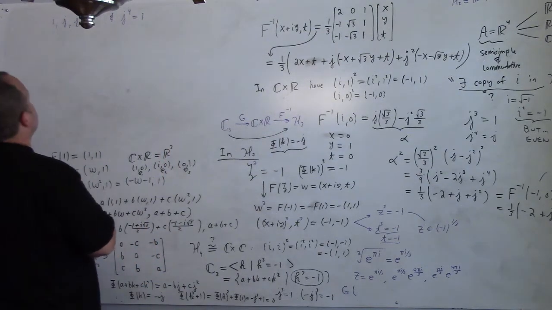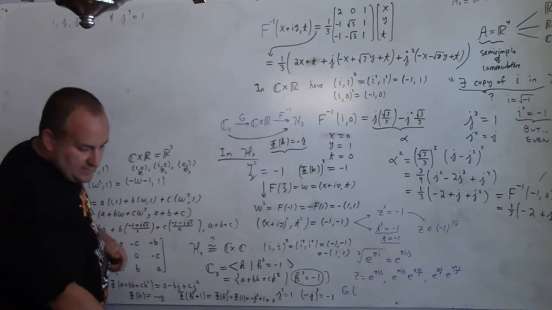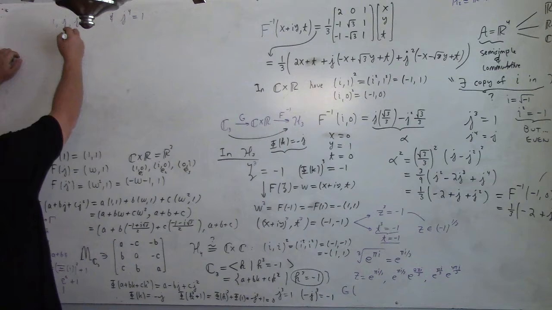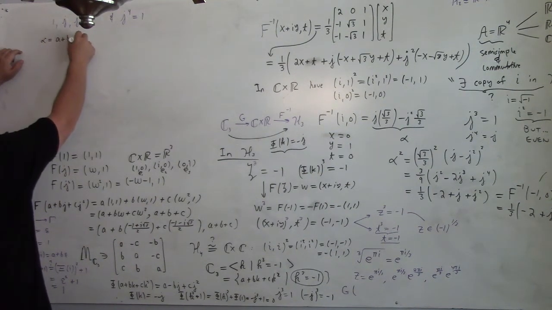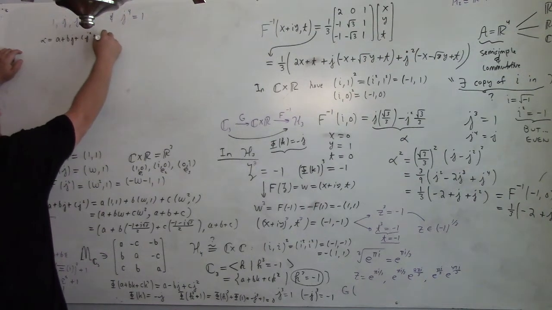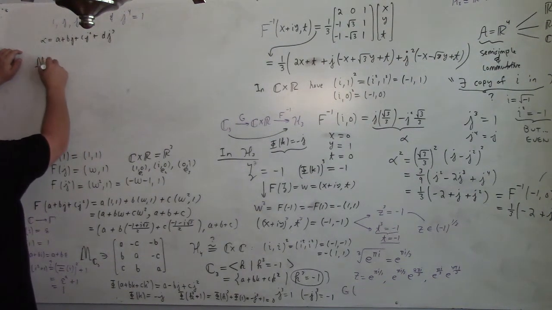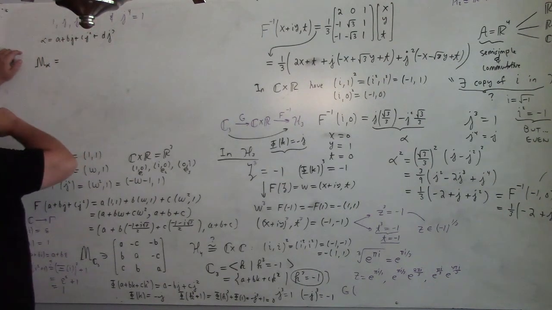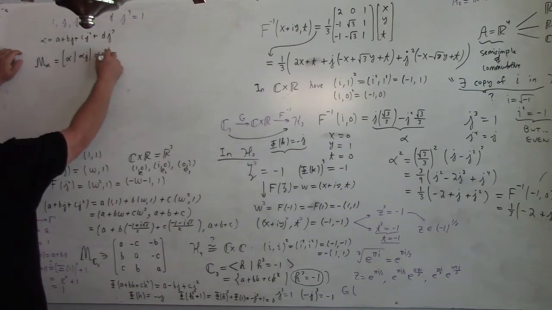See, the regular representation of this looks like this. If I say alpha equals a plus bj plus cj squared plus dj cubed, then the matrix representation of alpha using E1, E2, E3, E4 in R4 is alpha, alpha j, alpha j squared, alpha j cubed.